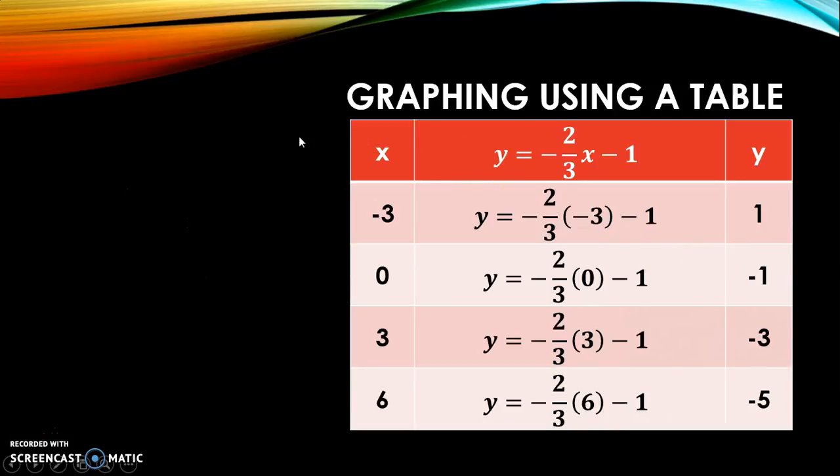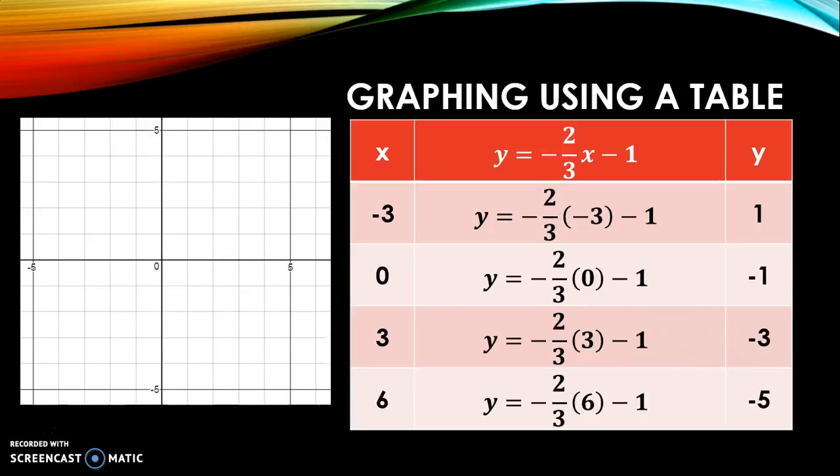Now we can graph. Now this is easy. First I'm going to set up my coordinate plane. I'm going to count by ones, and I'm going to go up and down, left and right by 5s, or up to 5. Although I go up to 6 on my x-axis, because if we look at my x values, I go up to 6.